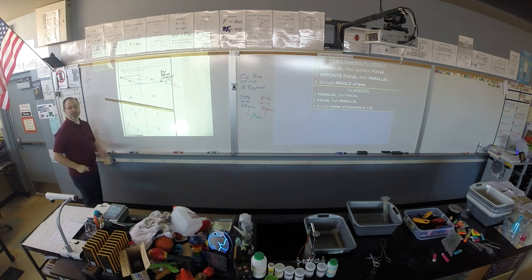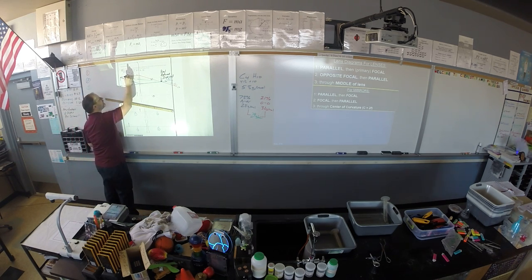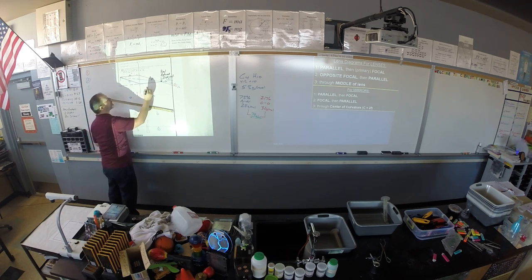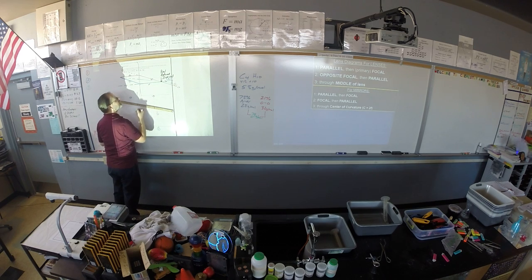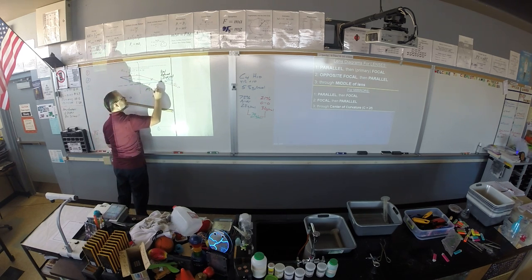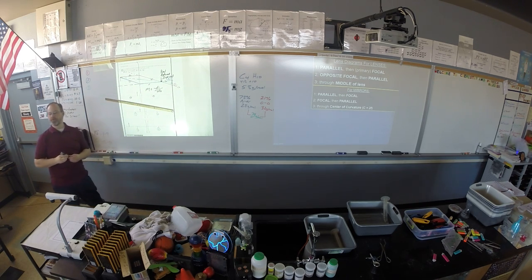In determining if it's magnified or reduced, we got to do a little math. Now realize this distance here, from the object to the normal, is DO. From the normal to the image is DI. And magnification is negative DI over DO. So measure those and see if it actually is in fact reduced.